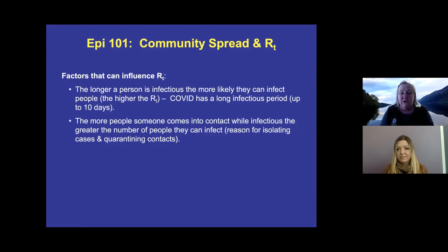That's something that we can change through different interventions or behaviors. But this is also why they ask people who are positive to isolate themselves. They don't want them spreading it to other people. And they also ask contacts to quarantine, because you are infectious for a certain number of days before you come down with symptoms, and they don't want those people spreading the virus during that period.